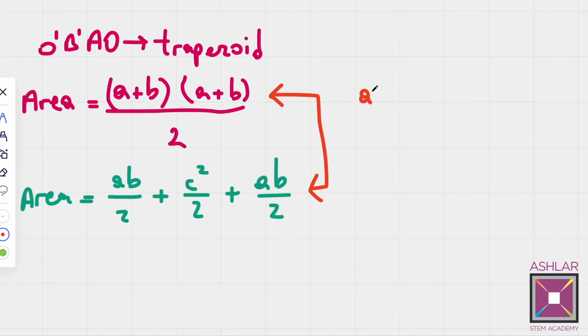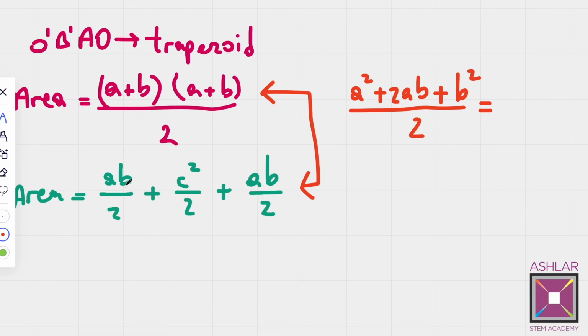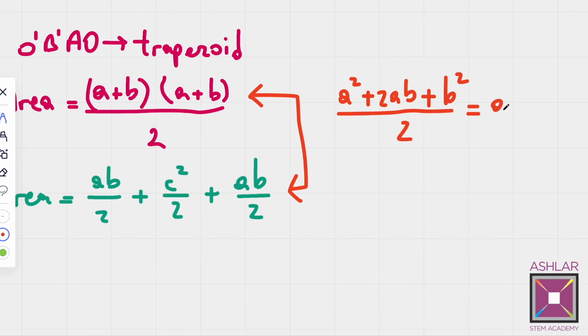So this is simply equal to (a squared plus 2ab plus b squared) divided by 2. So this should be equal to, so ab over 2 plus ab over 2, so I have two of those. So it's simply a times b. So I have a times b plus c squared over 2.